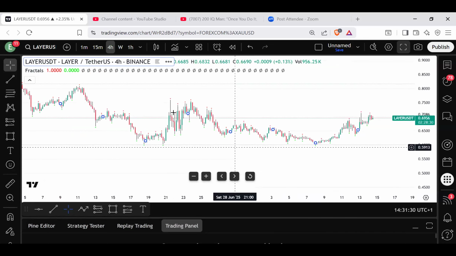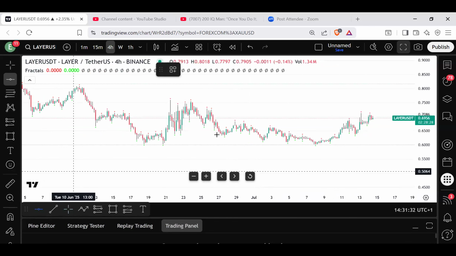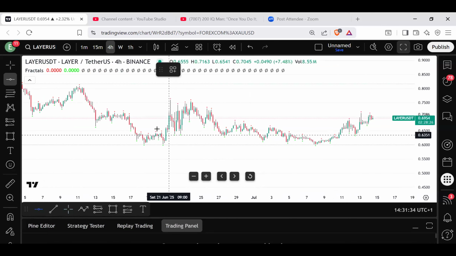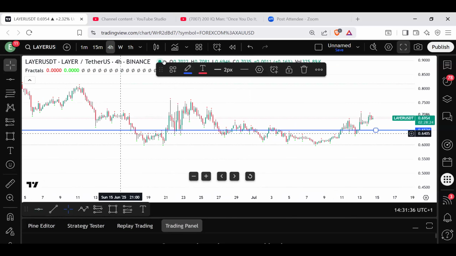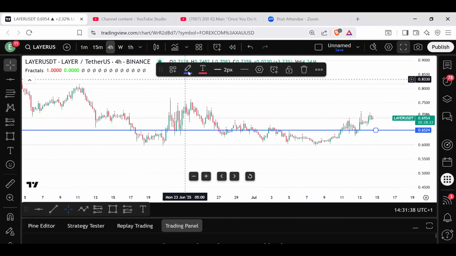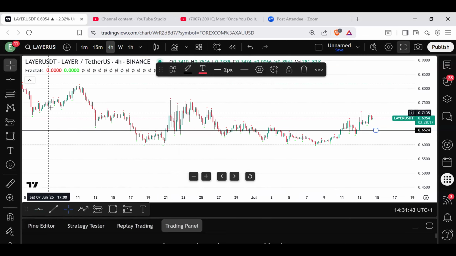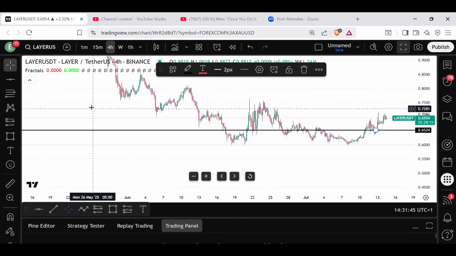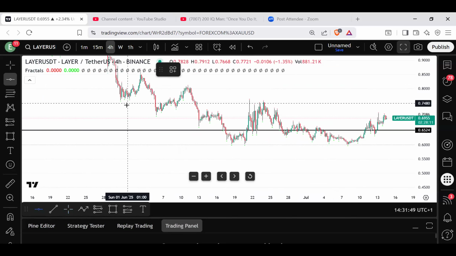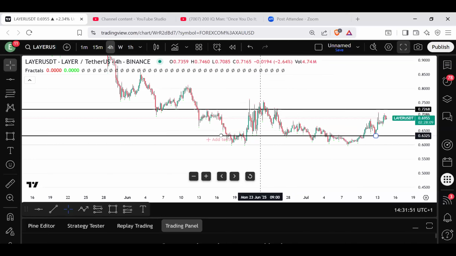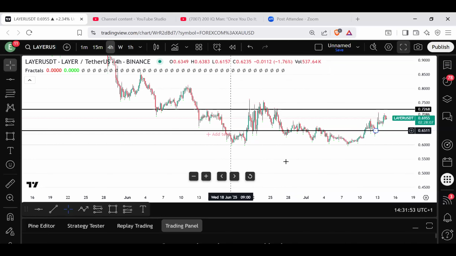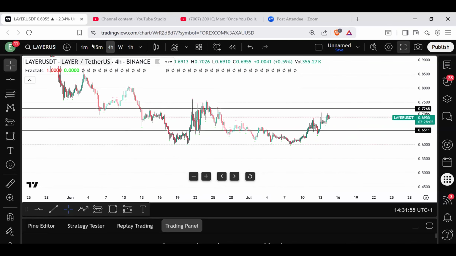The support, okay, this is right, and another. We just want the ones closest to the current price.